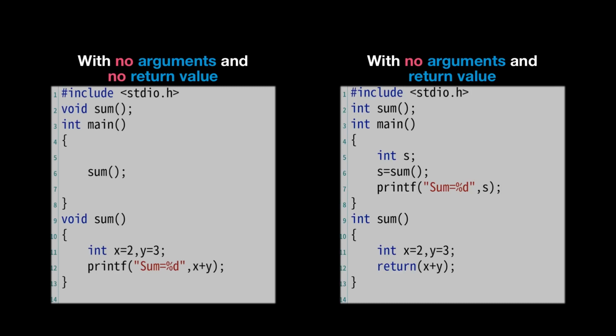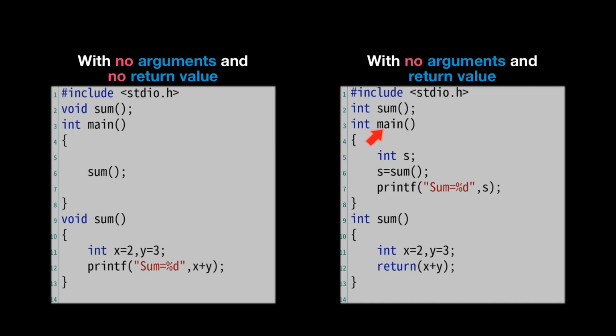Even though all of these 4 programs give you the same output, they belong to 4 different types of user-defined functions. I hope these illustrations have helped you to understand the details. One more thing.